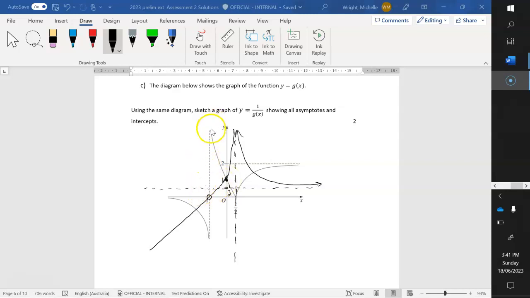And what I was also looking at is the asymptote here that you were given. When you're given an asymptote of an original function, the inverse, sorry, not the inverse, wrong word there, the reciprocal has an open circle at where the asymptote cuts the x-axis.